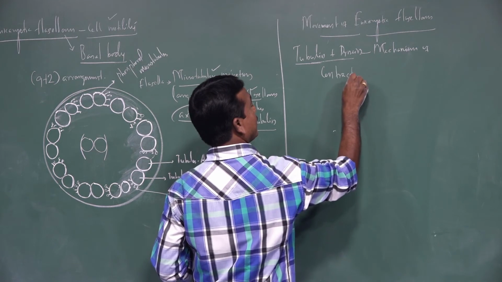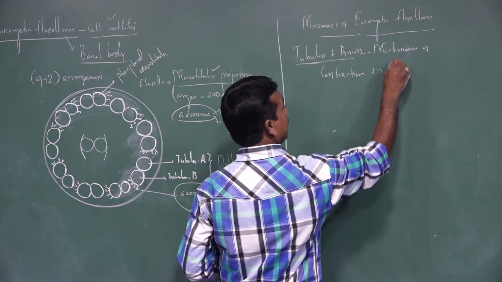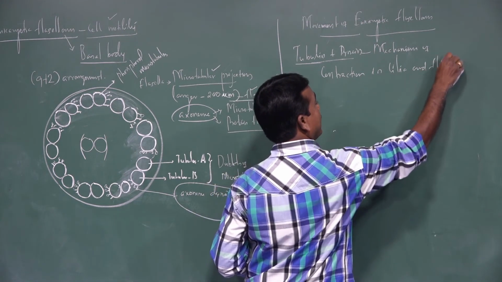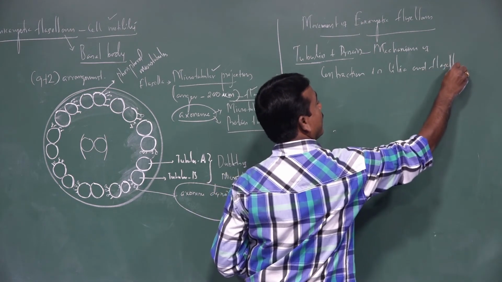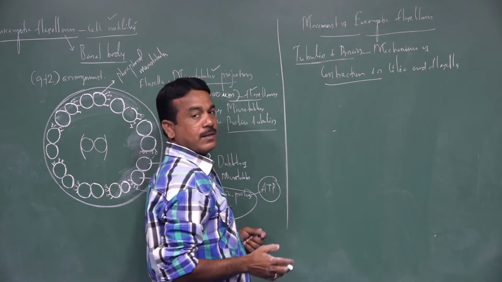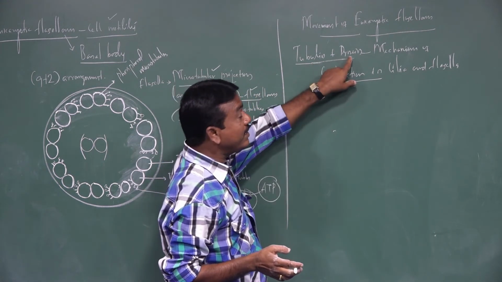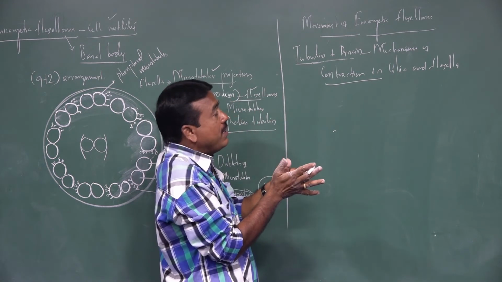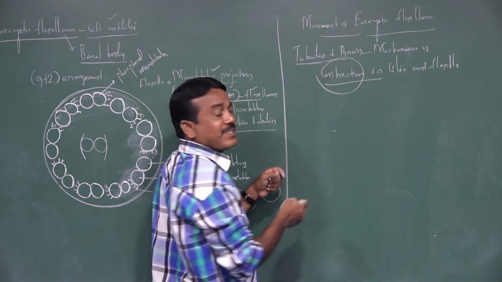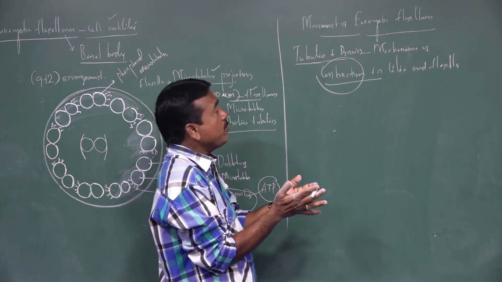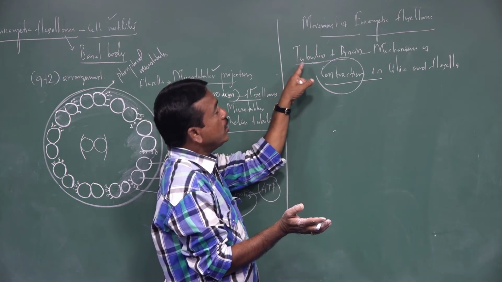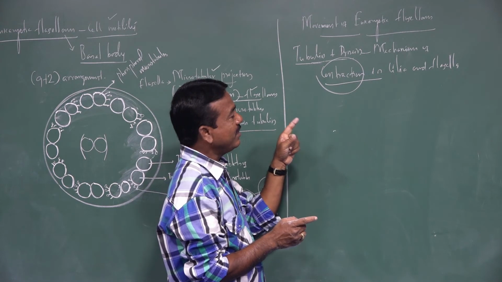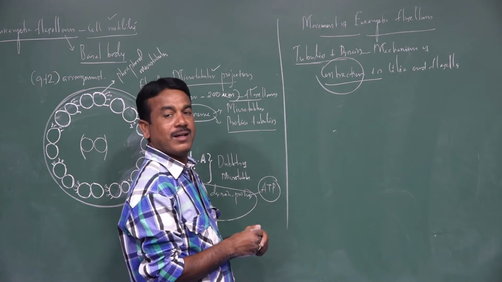The interaction between tubulin and the dynein protein is the mechanism of contraction in cilia and flagella. Those things in combination are responsible for contraction and relaxation. So tubulin and dynein are responsible for contraction in cilia and flagella.